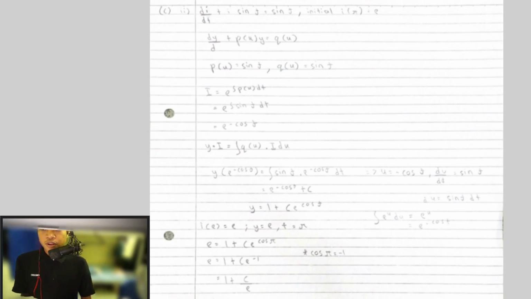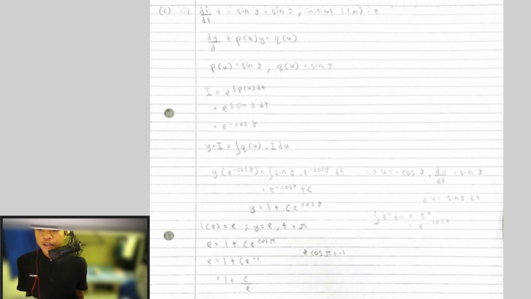We use the formula y multiplied by I equals the integral of Q(x) multiplied by I dx, and we get y e to the power of negative cos t equals the integral of sin t multiplied by e to the power of negative cos t dt. Then we get the answer y equals 1 plus c e to the power of cos t.